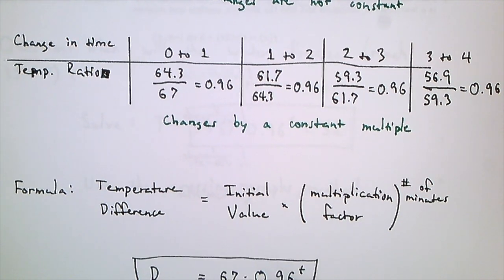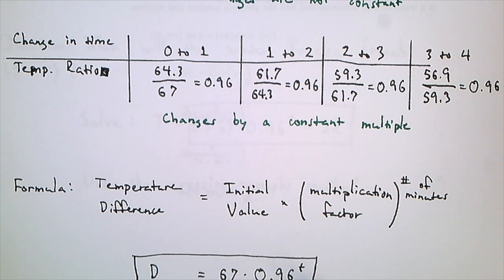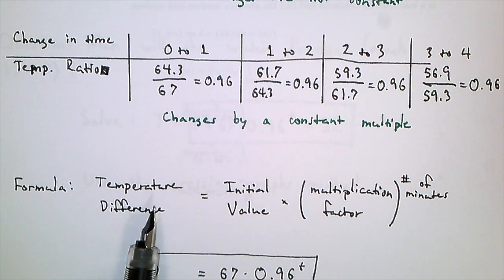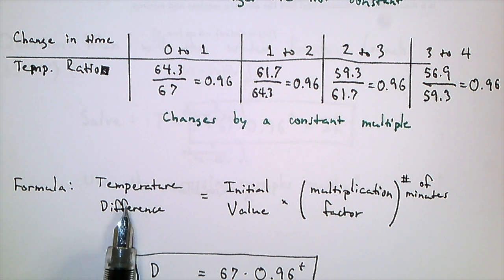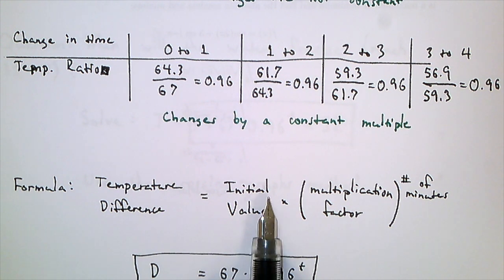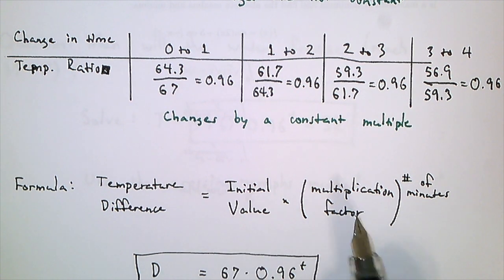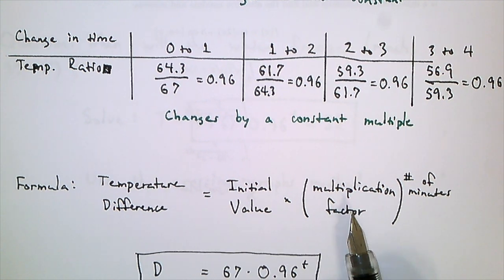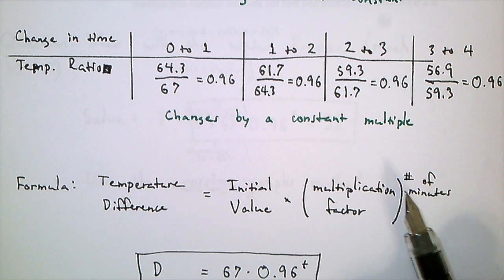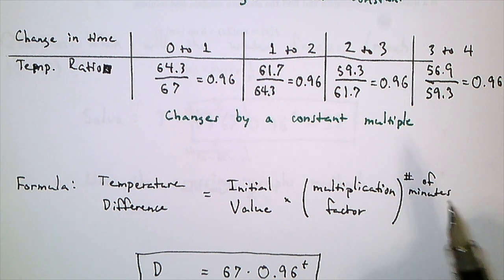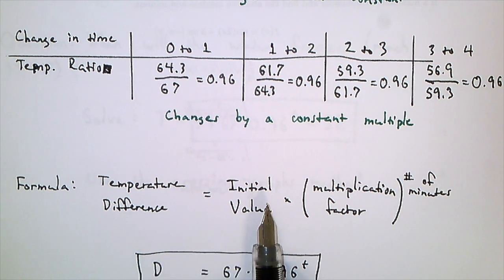So we'll want to build our model, our formula. On the left side, we'll have our temperature difference, that's our function, and it's going to be equal to the initial value, that's the initial temperature difference, and then we'll have the multiplication factor, and our exponent is the number of minutes. So fill in the initial value.